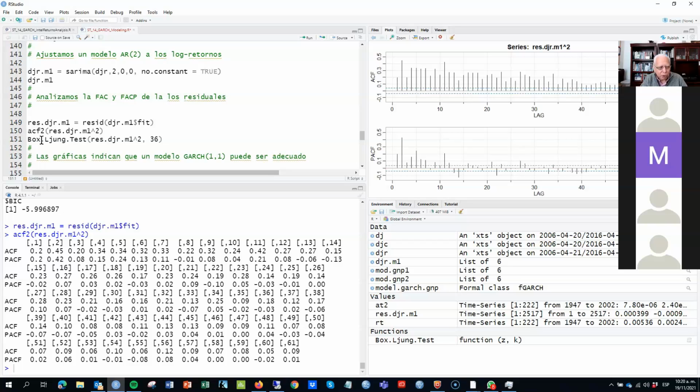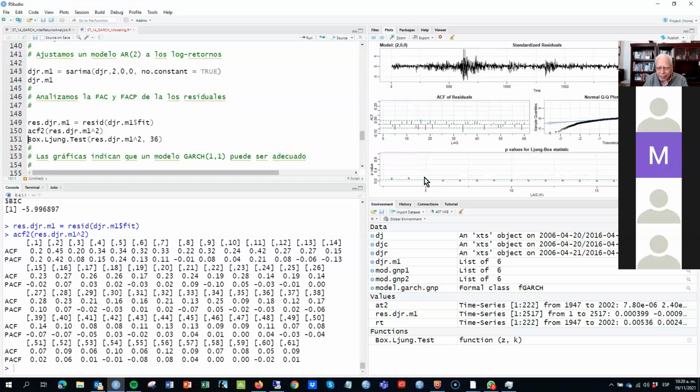Now, what's important here is that since we already saw that the series fluctuates around a constant level, and we already saw the volatility phenomenon in the series, we don't worry too much about the fit of the first model that we did, because even though there's not a perfect fit, we know we're going to have to correct this, because what's important here is to model this volatility.